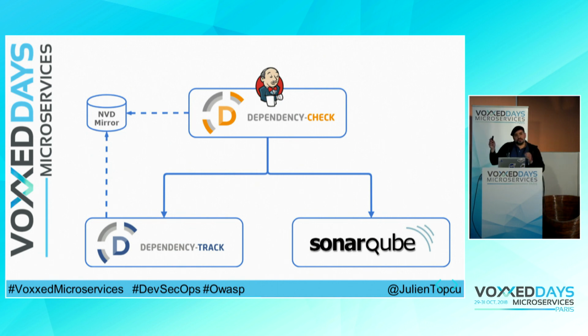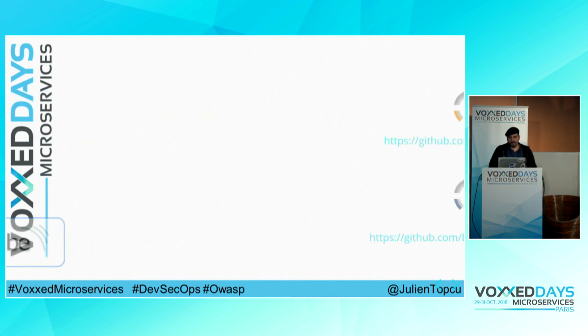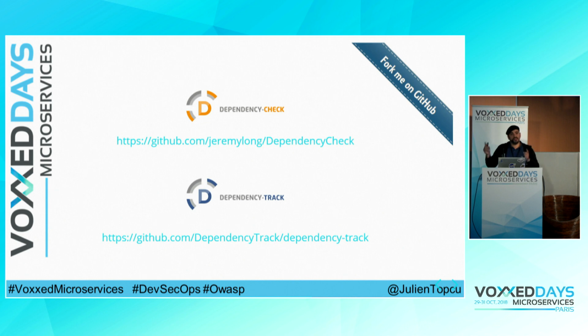Dependency Track is a vulnerability management system which really looks like Sonar, but it provides more features around security. They are open source, so you can fork them on GitHub.